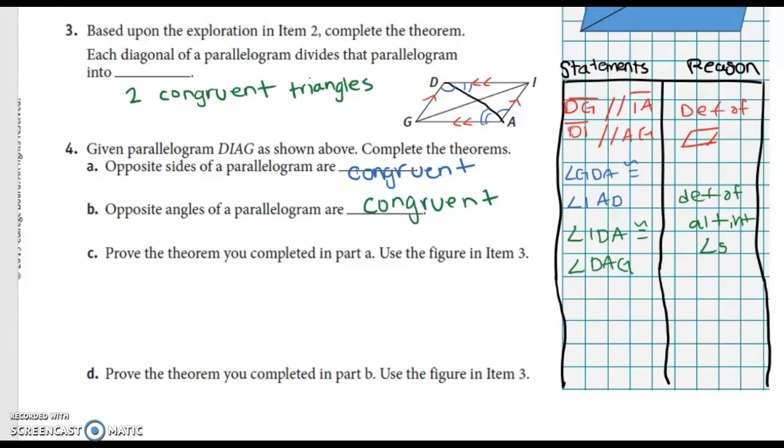And then we've also got our reflexive property again, with DA being congruent to itself because of the reflexive property.